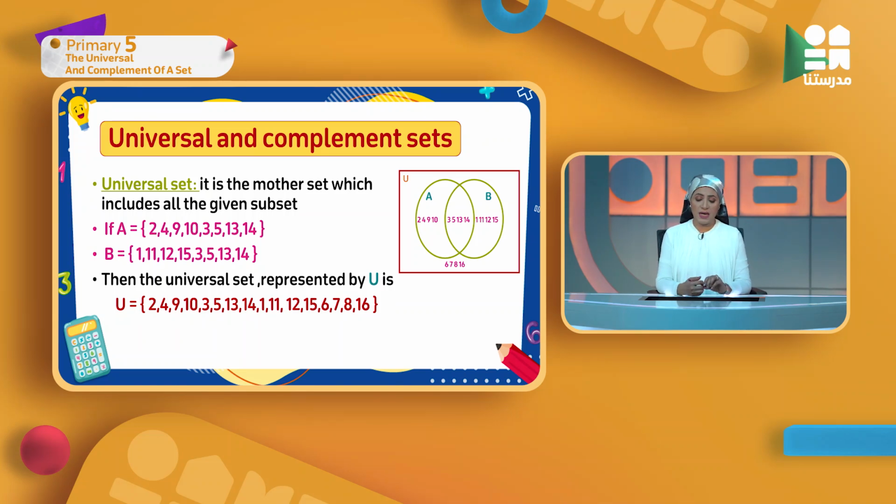It has the elements of the set A, the elements of the set B, and the other elements which are flying around the sets A and B. All the elements inside this box belong to the universal set, or the mother set. Okay?